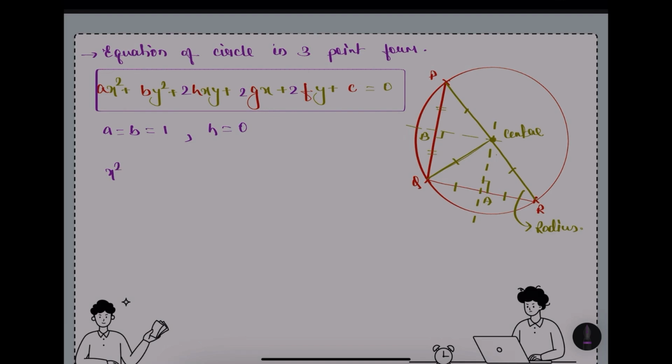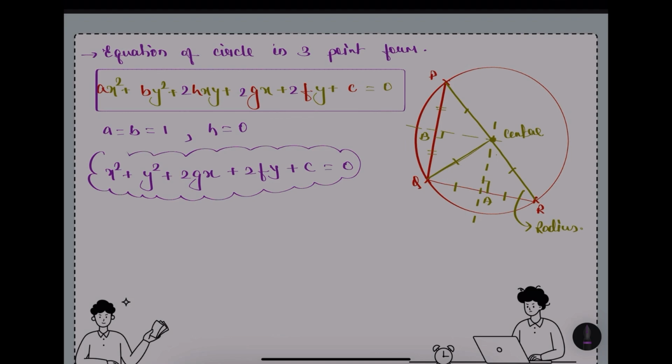It will look like x square plus y square plus 2gx plus 2fy plus c equals 0. This will represent the equation of a circle. Now what we have to find is the values of g, f and c.